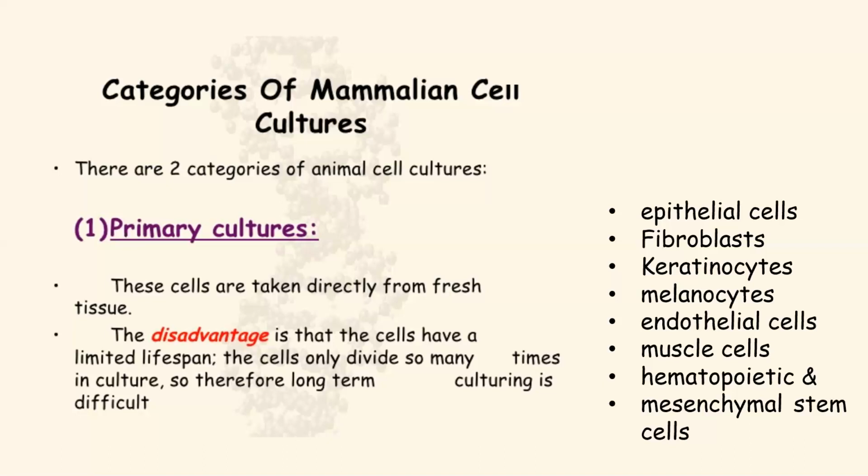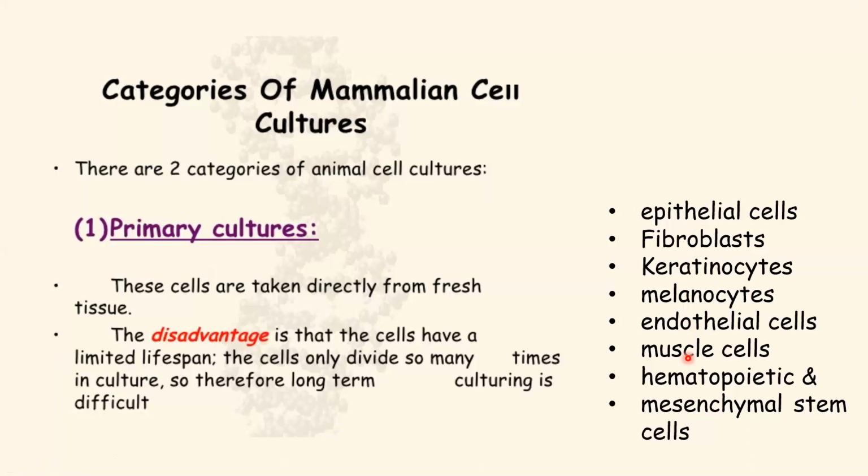Senescence means they will stop dividing and they will die. This is why they are more difficult to culture and maintain than a continuous culture. Here I have mentioned some cell lines. The most popular primary cells are epithelial cells, fibroblasts, keratinocytes, melanocytes, endothelial cells, muscle cells, hematopoietic and mesenchymal stem cells.